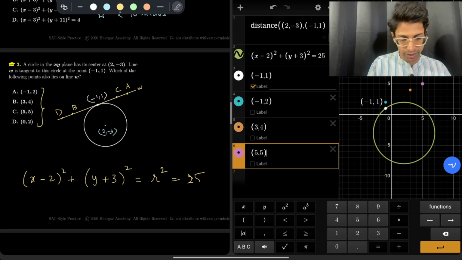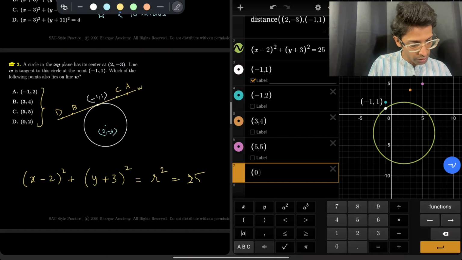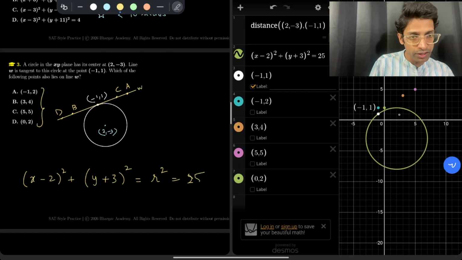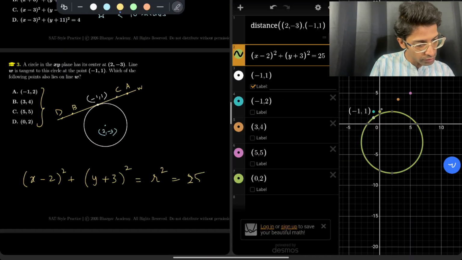It can lie on the tangent. So you might have already understood that this is a trap if you try to do it on Desmos. Let's also plug in the last point (0, 2) and see where it is. The green point is sitting here, which is the last option. Now this is also a little bit tricky. As you can see, the green point which you are seeing could also be lying on the tangent.